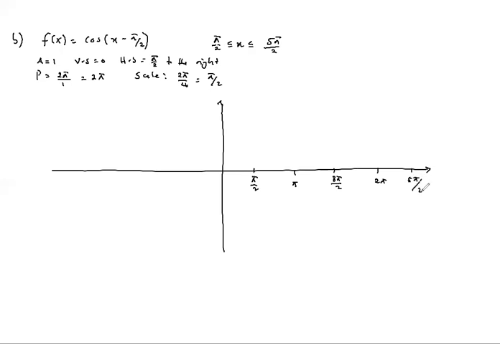Because it must go all the way up to there. And we have 1, negative 1. So cos moves in this way, goes up to there, goes up to there. So that's cos.